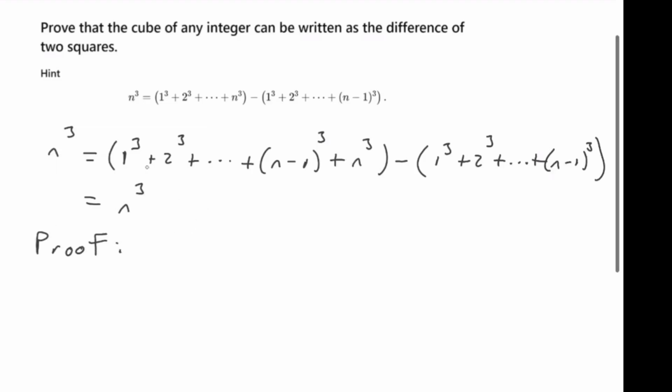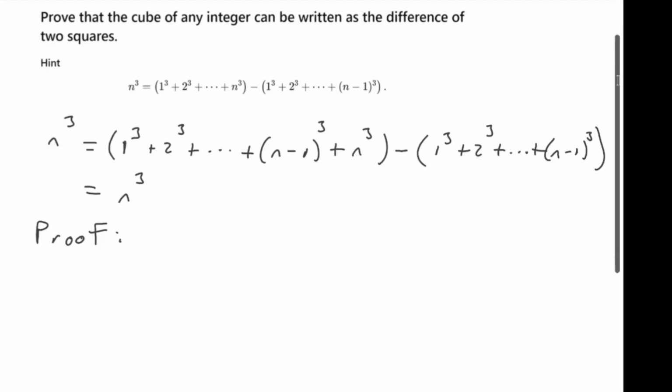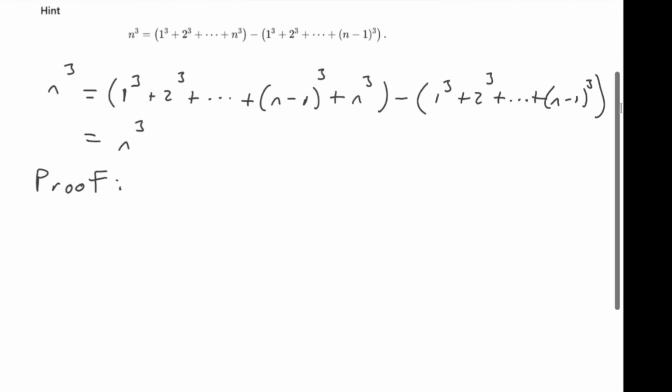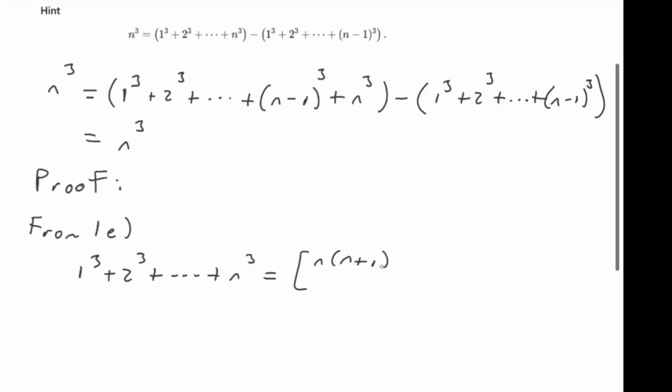The reason why he does this is he wants you to remember one of the previous theorems that were done as an exercise. So he's wanting to remind you from 1e, right? In his book, we had 1 cubed plus 2 cubed plus dot dot dot plus n cubed is equal to n times n plus 1 over 2 squared.